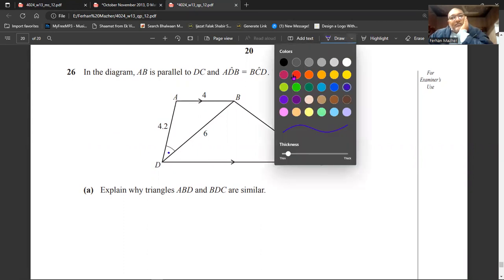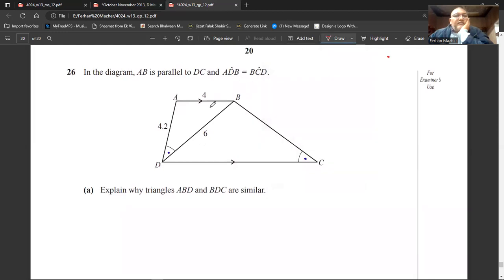And this angle and this angle are equal to each other because they are alternate angles. You see these parallel lines? So two angles in these triangles are the same.